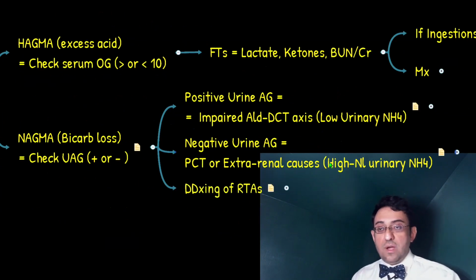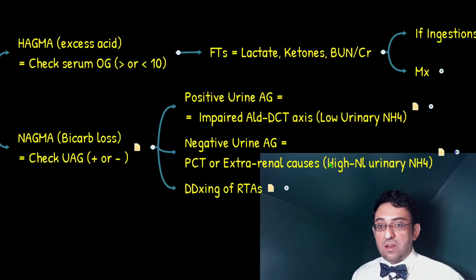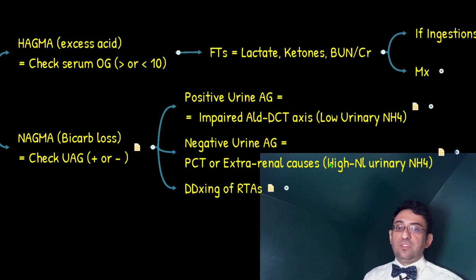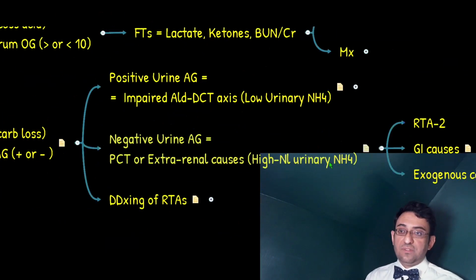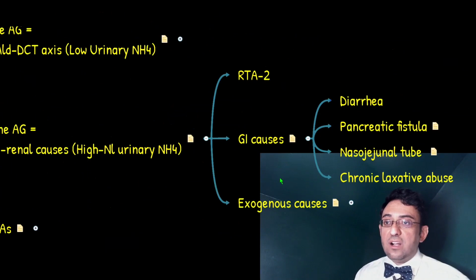So if you have a case with non-anion-gap metabolic acidosis, you measure the urinary anion gap and the value is negative, what are the differential diagnoses? The differential diagnoses are renal tubular acidosis type 2 versus GI causes. The top of the GI causes is diarrhea, followed by pancreatic fistula.